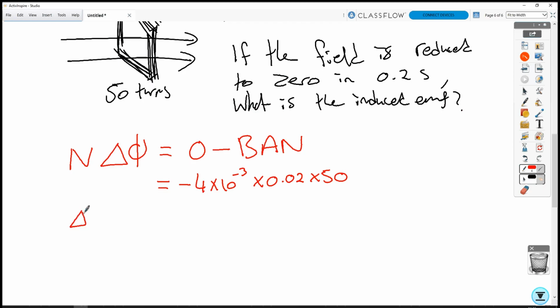And then the change in time was simply equal to 0.2 seconds.